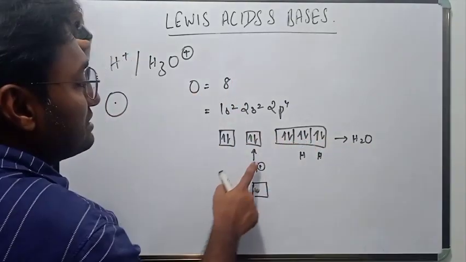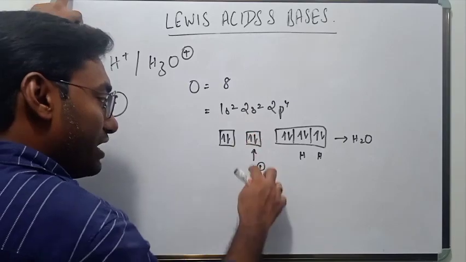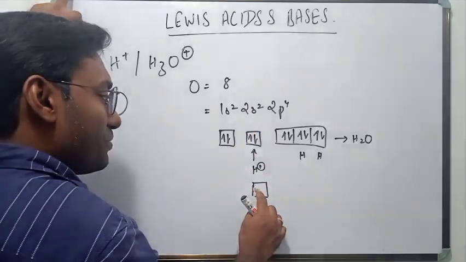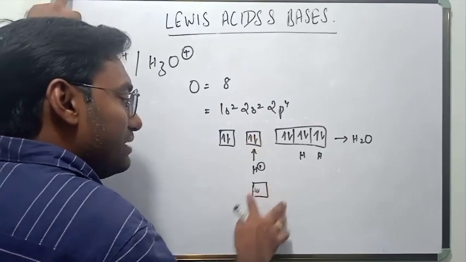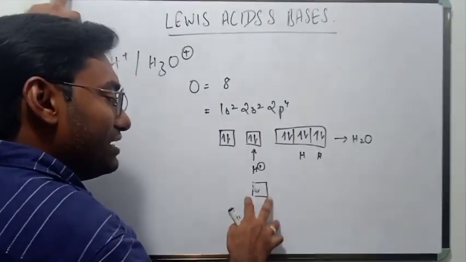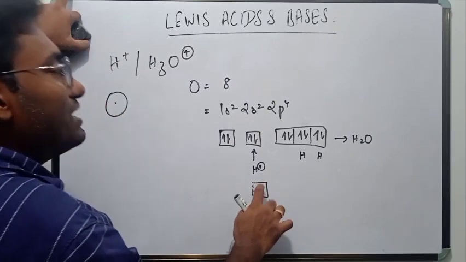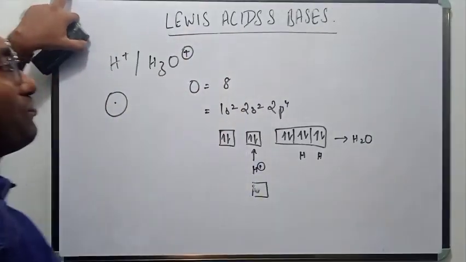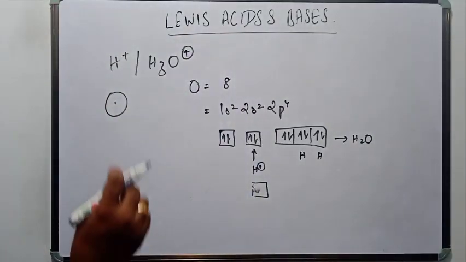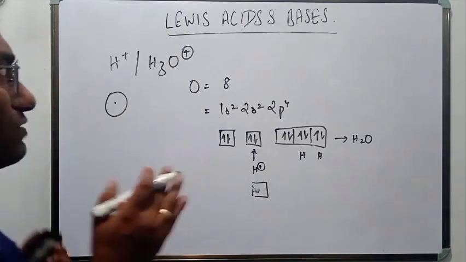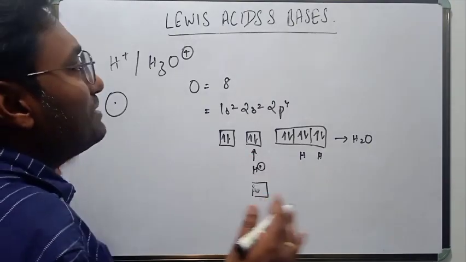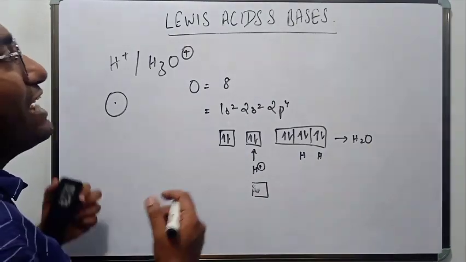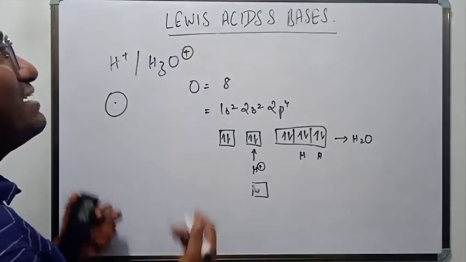But when H+ takes this lone pair of electrons into its orbital, the 2s orbital becomes empty, and because of this empty orbital, it acts as a Lewis acid. What I mean to say here is that what we call a Lewis acid should have an empty orbital in order to accept electrons.